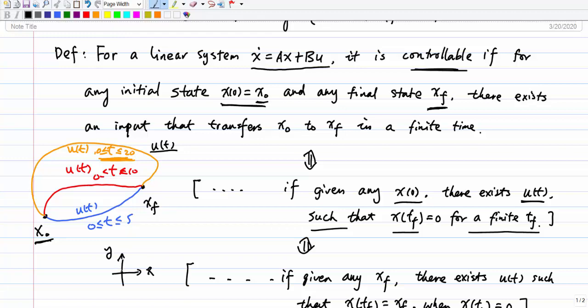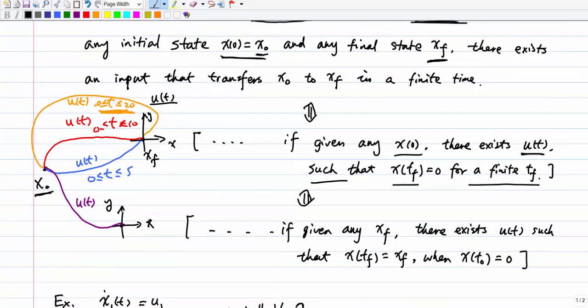For any initial state, no matter where you get started, you can always find a control input that can drive you from here to the origin, with some u(t) for a finite time. The reason it's the same is that for a linear system I can do a change of variable. Basically, I can shift the initial state. I can always set my final state as the origin of my coordinate frame, because I can shift it. That's the same thing.